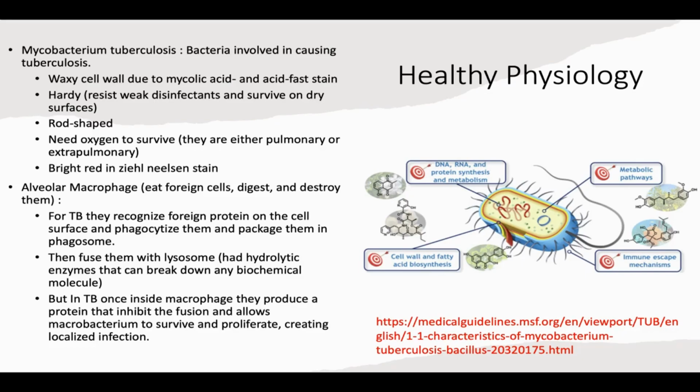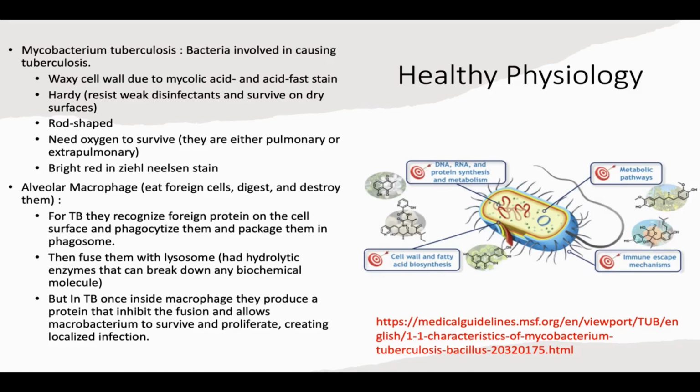I would then like to continue with how it interacts in the body. Once it is introduced to the body through a cough or droplets from a person with active tuberculosis, the bacteria reaches alveolar macrophages in our lungs.